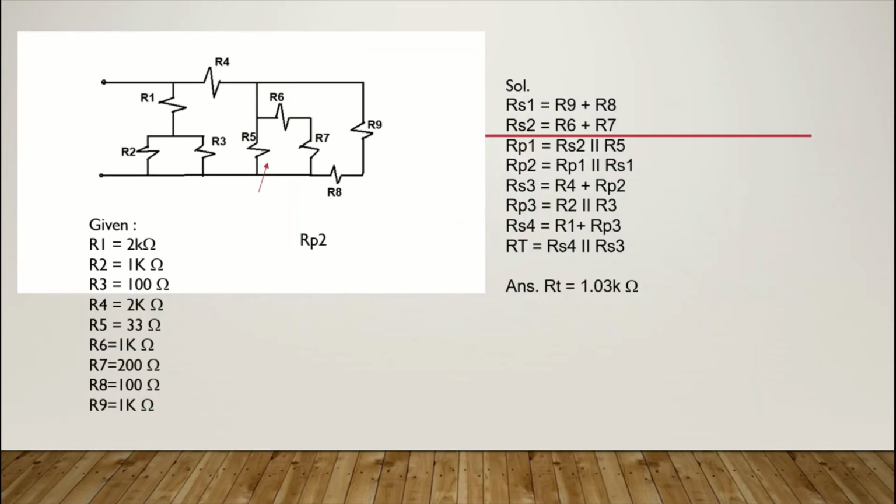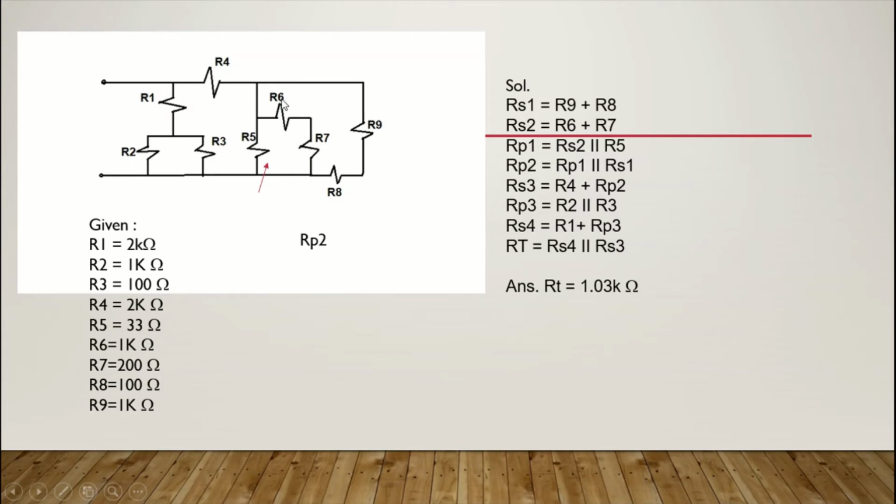Another example. This one, it's quite complicated as you may look at it. Diba? Pero saan kayo mag-start? Walang source. But there's this open connection. Let's don't mind the open connection.